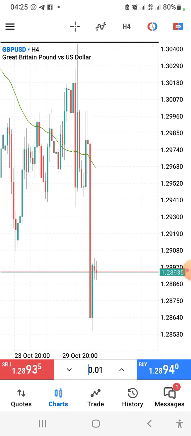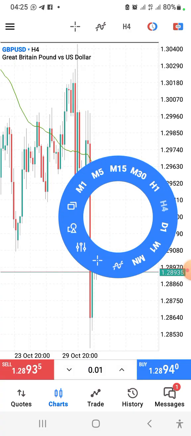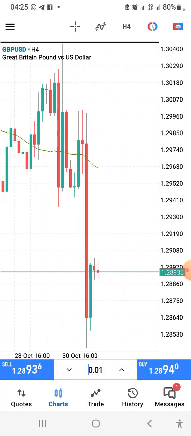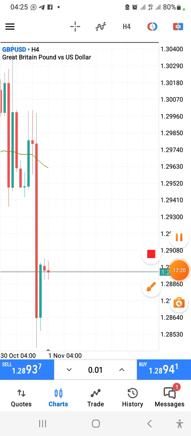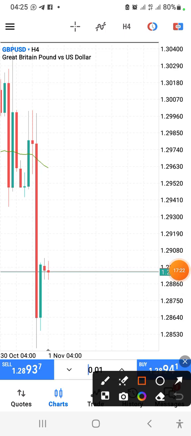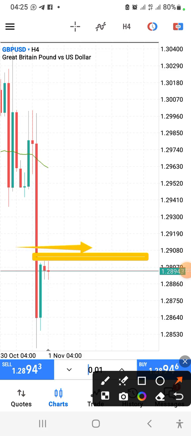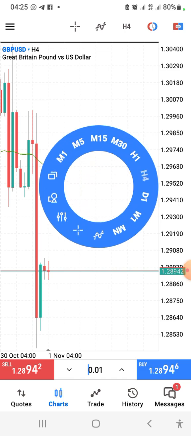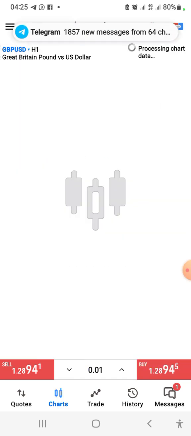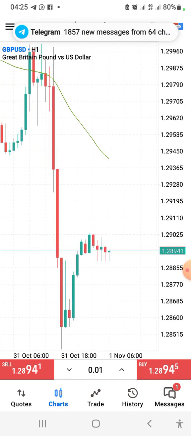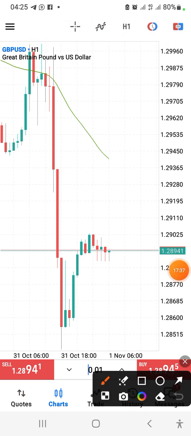So if we are selling, this particular area is also a key zone area. If you sell here, this is where you have to put your stop loss. So we are looking at whether the market will come down. Let me just check the 1 hour. This is the top-down analysis we are doing to see what is going to happen.